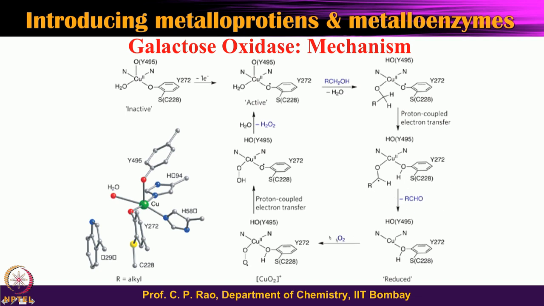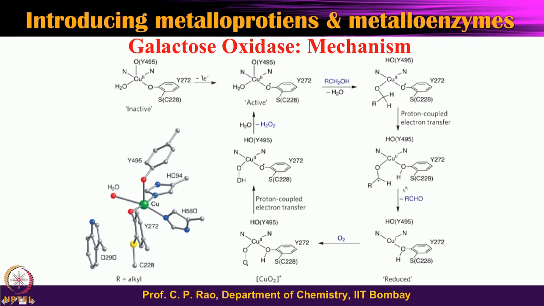And now, this particular 1 electron radical, if we transfer 1 more electron to the copper, it will become copper 1, and the corresponding alcohol will become aldehyde, because already 1 electron is gone here, 1 electron is gone here. So, it will become copper 1 with the aldehyde out.